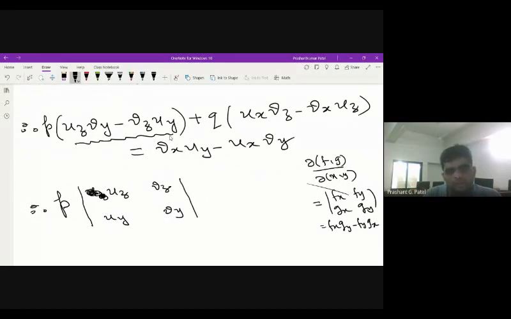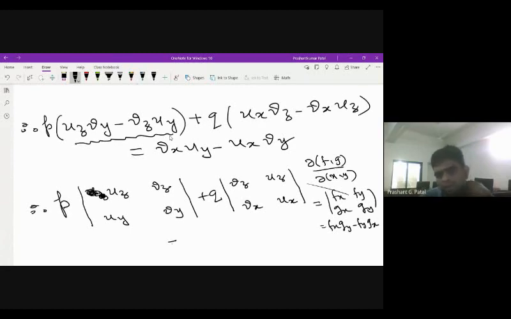We can write it in this form, plus q times the determinant with vz, ux, uz, vx, so it is vz into ux and vx is here.